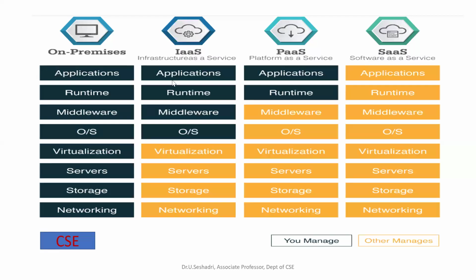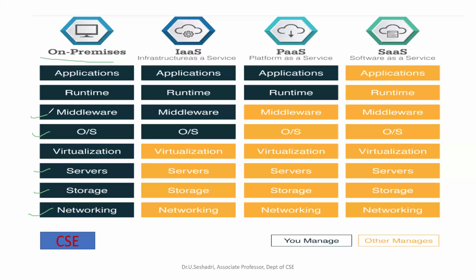See, if we are using on-premise, you need to deploy the application on-premises. You take care of networking, storage, servers, and operating system. To develop the application, some middleware tools will be required. That you also take care of.